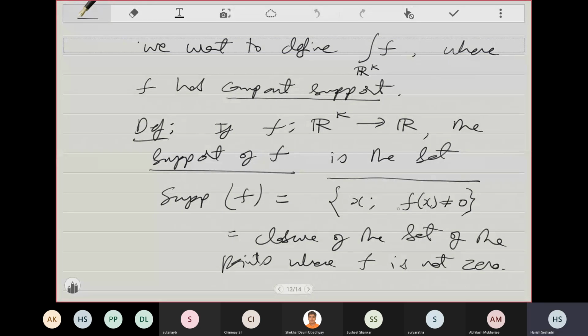what kind of set will this be before taking the closure? This set of x such that f of x is not equal to 0 when f is continuous.